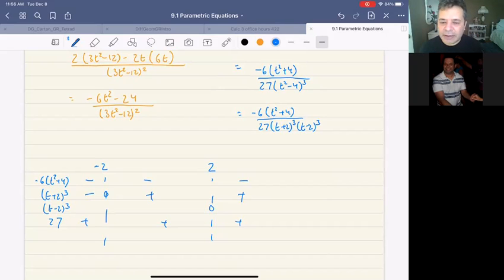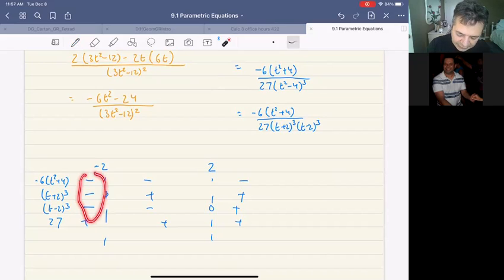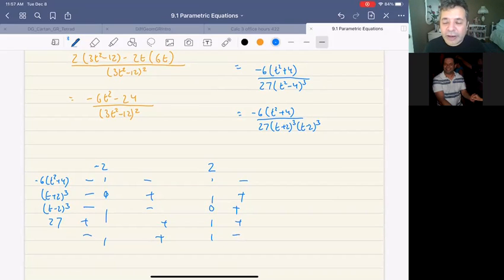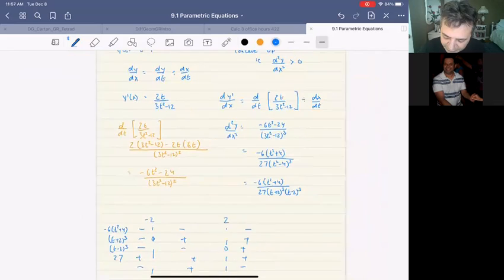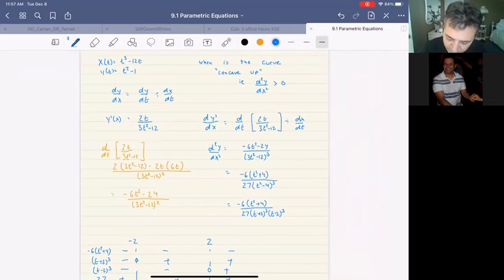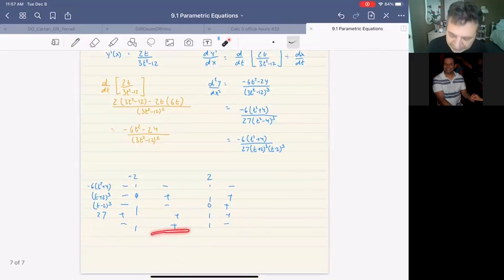And t minus 2 cubed changes from negative to positive at 2. So you've got negative, positive, negative. So when is it concave up? Whenever this second derivative is positive, and that's between negative 2 and 2.